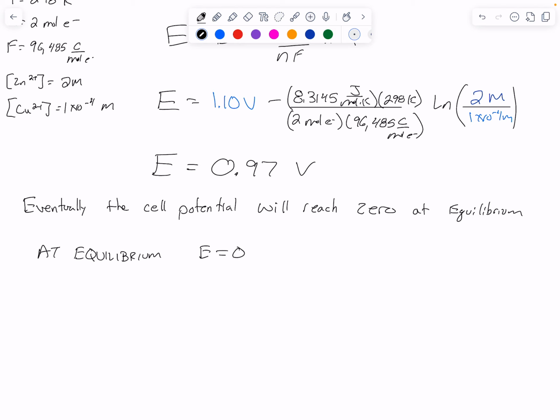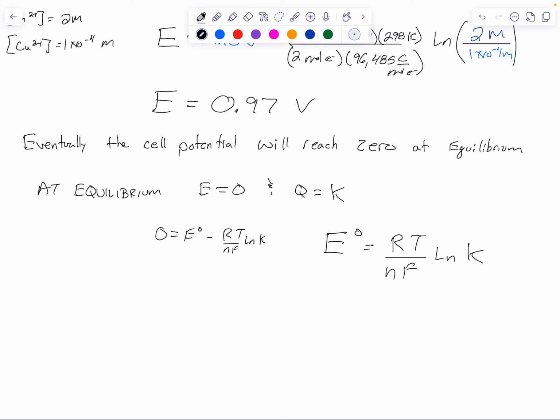E standard is at 25 degrees Celsius, 1 atmosphere, 1 molar. E can be 0, and Q equals K. If we put this into the Nernst equation, 0 equals E standard minus RT over nF ln K. So E standard equals RT over nF natural log of K.